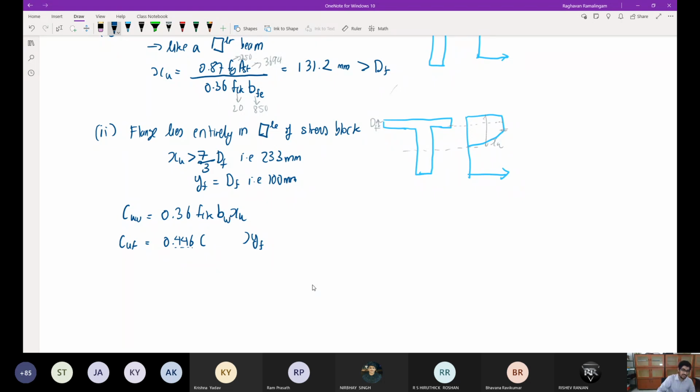Okay, let's not waste too much time. So it will be BW, and here you will have what we have here. So this is the component force for CUW, and CUF will be the component force in this part.